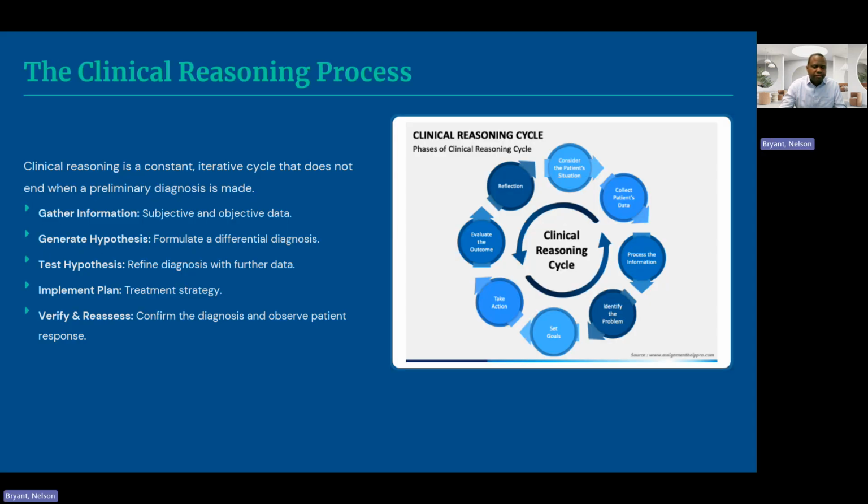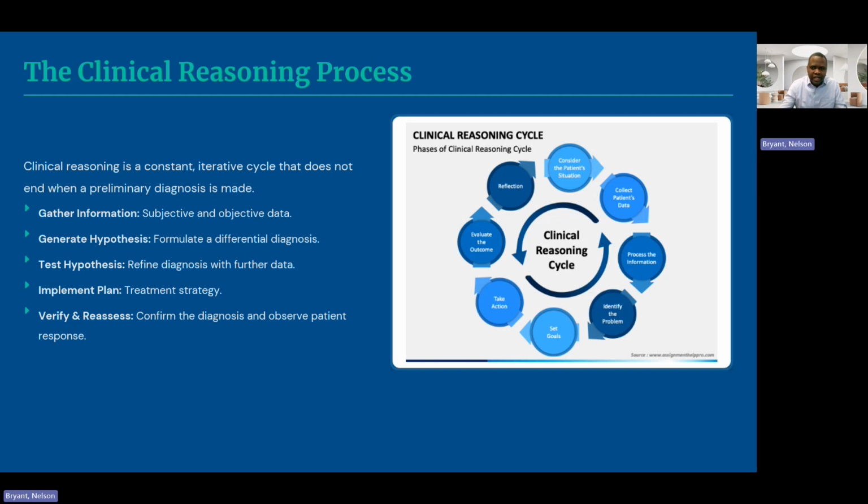Clinical reasoning is like an umbrella term which also comprises diagnostic reasoning. So it does not end when a preliminary diagnosis is made. For example, as you see on this slide, it involves continuous gathering of information.